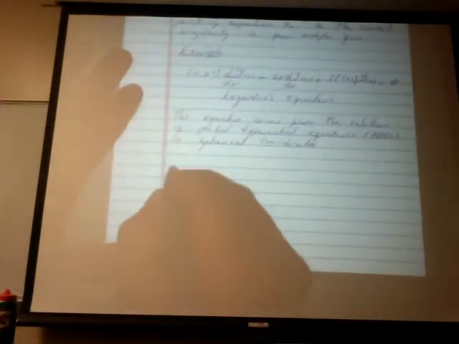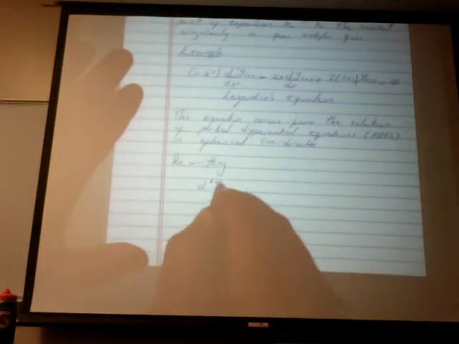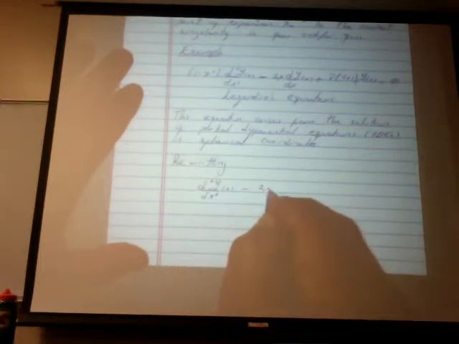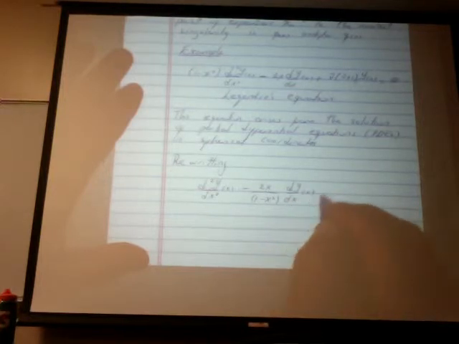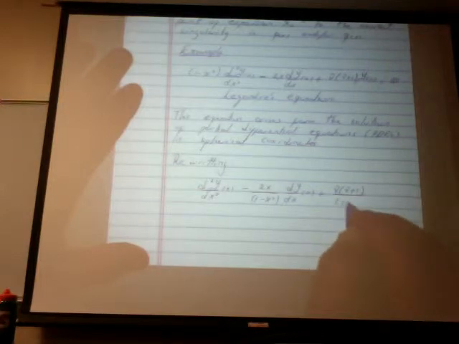Okay? So if we rearrange this equation, rewriting, we get the second derivative d squared y dx squared, minus 2x over 1 minus x squared dy dx, plus nu times nu plus 1 over 1 minus x squared, y of x is equal to 0.